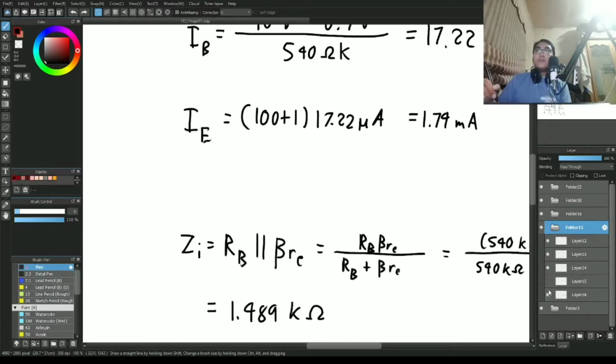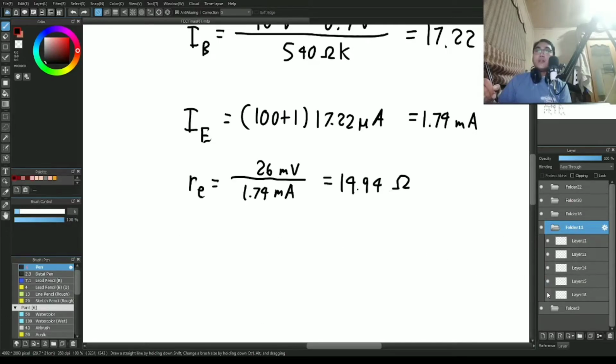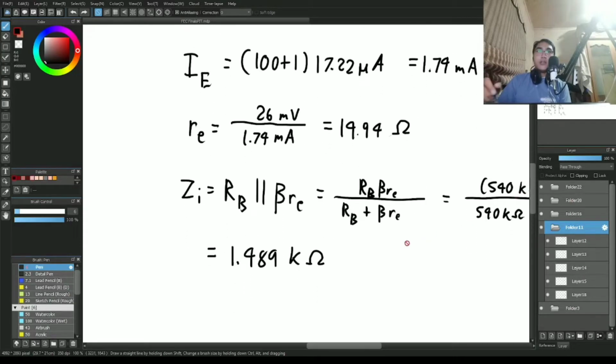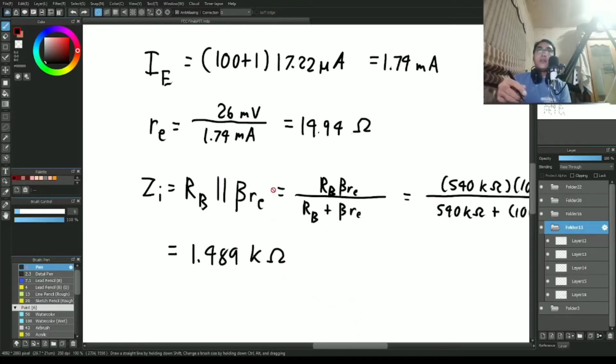Now we will find the input impedance. Here, see here. RB and beta RE. If you remember, this formula basically equates to this formula right here: RB times beta RE over RB plus beta RE.